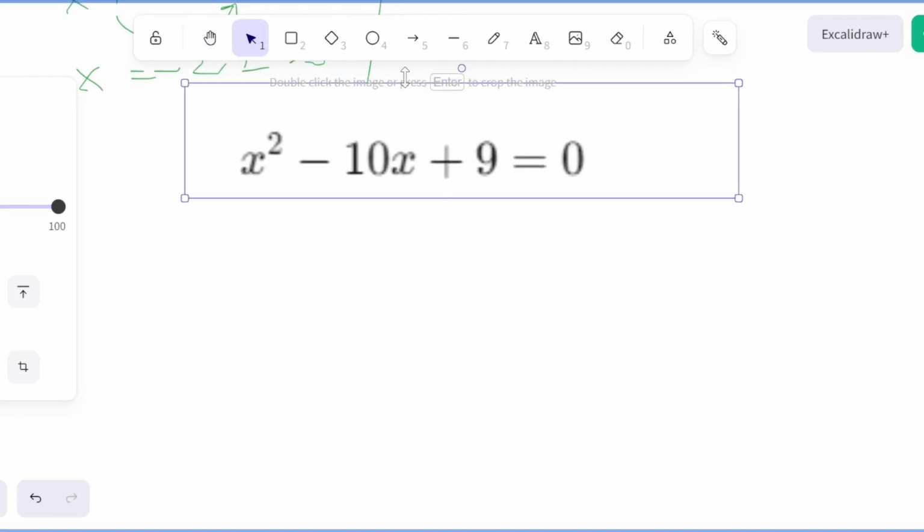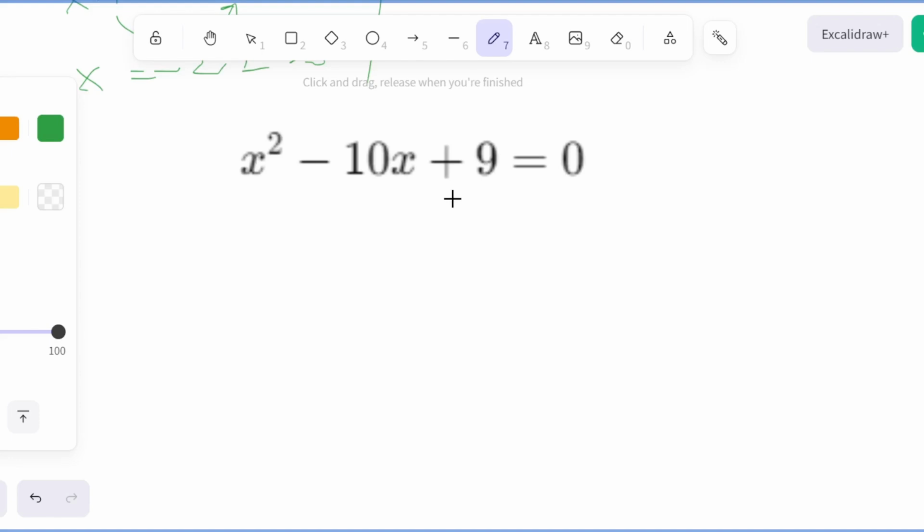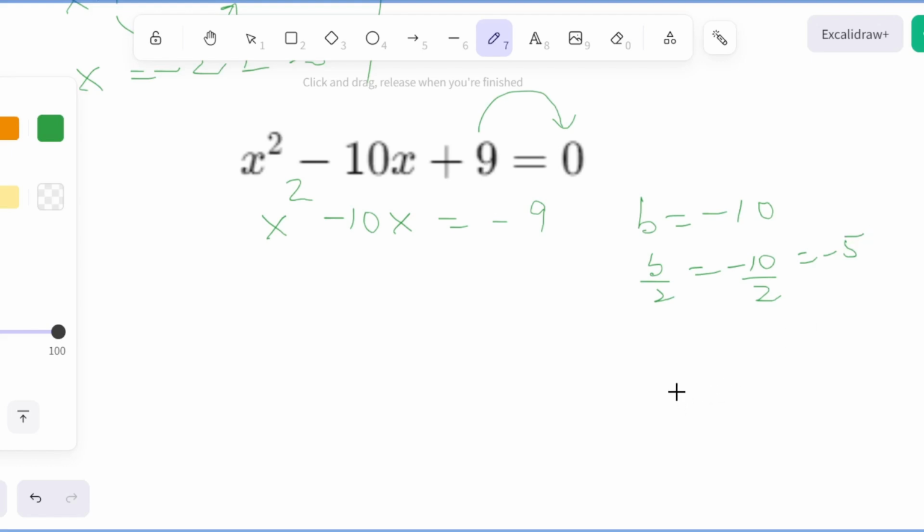Again, the same thing. We have to take plus 9 to the other side. So this becomes x square minus 10x equal to minus 9. Now, what's the coefficient of x here? Minus 10. We have to halve it, which becomes minus 5, and then square it.